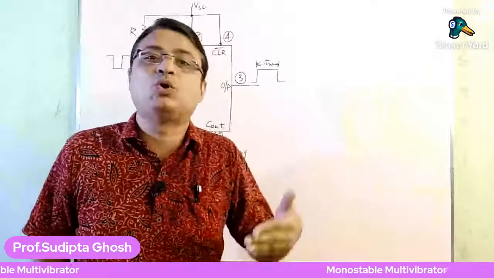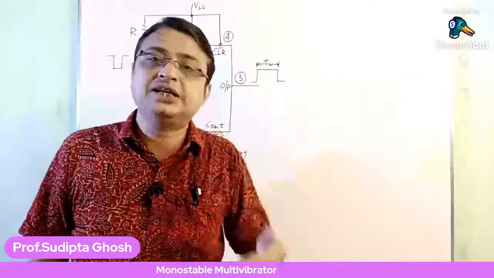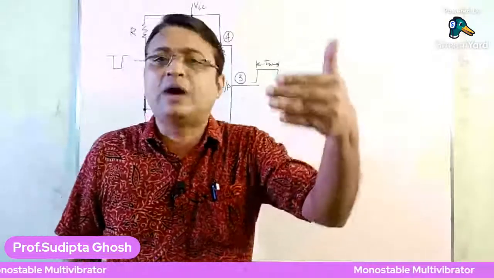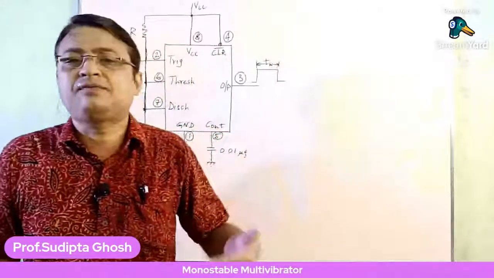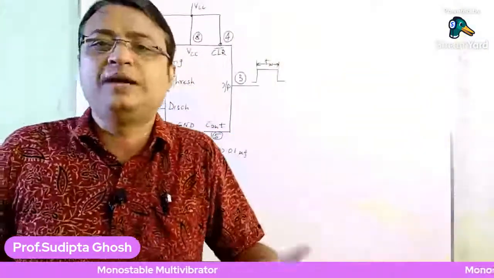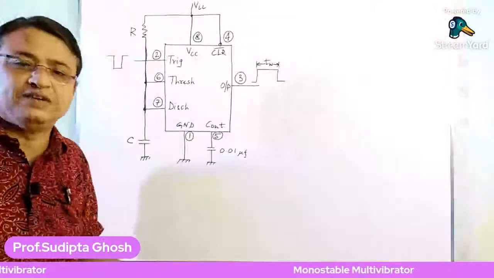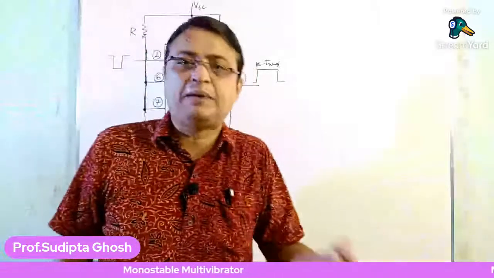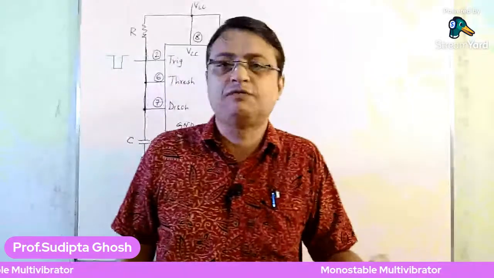Now as it goes on increasing, 0, then 0.5, 1, 1.5, 1.7, then 2, 2.5, and then after crossing the value of 3.3, or rather 3.5, that is the 2/3 VCC value. 2/3 VCC is around 3.33 volts.